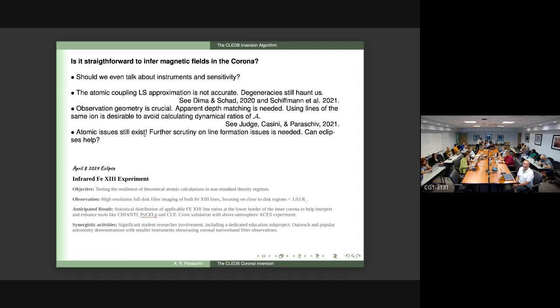So one assumption that comes through here is that you need to assume a dominating structure along your line of sight that emits. It doesn't need to be in the plane of the sky. It can be anywhere. But your polarization signal needs to come mostly from there. And in numbers, that's about, I would say, above 85% from that one structure.